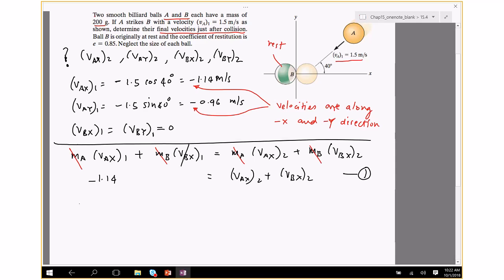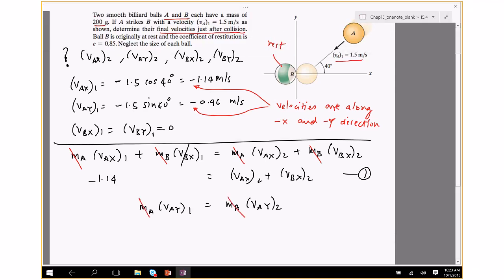Next, let's do conservation of linear momentum in the y direction, and for that I need to do it for the balls individually. Mass of A times velocity of A in the y direction before impact equals mass of A times velocity of A in the y direction after impact.